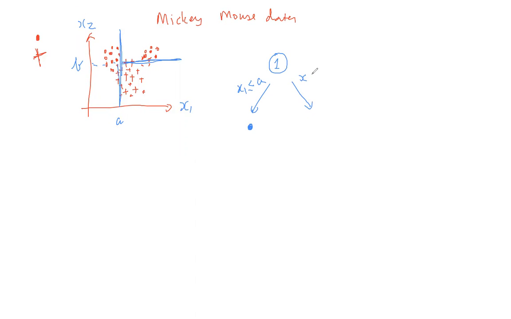If your X1 is larger than A, you consider this part here, and then you split on X2. Anything with X2 less than or equal to B, you will classify as plus, and anything larger than B, you will classify as circle. Okay?